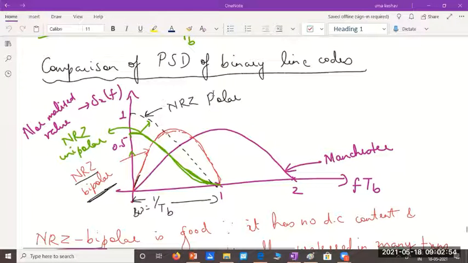Okay. So till now, none of you asked that question. Why we had always considered only NRZ. We considered NRZ polar first, whose power spectral density curve is as shown, this black one.